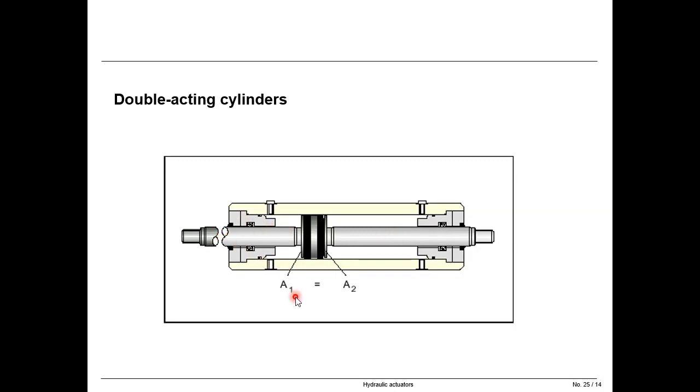The important point is that the cross-section area of the piston is the same on the left and right side, because they have the piston rod connected to the piston on both sides. So that means if we use this type of cylinder, we have the same force in the right and left direction, in the advance and return stroke.